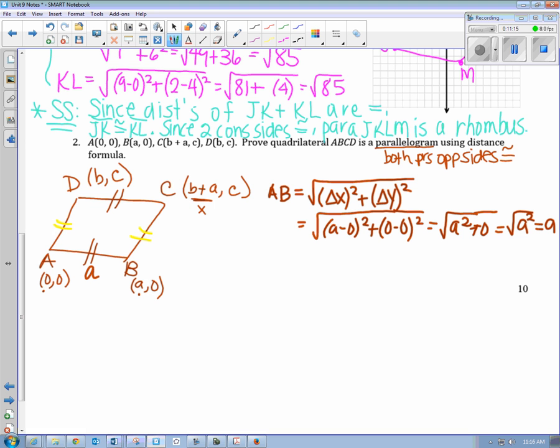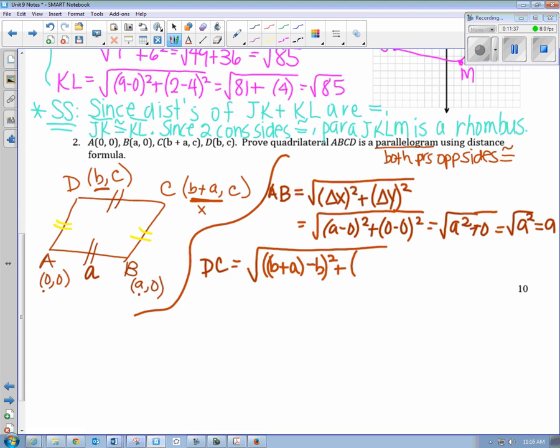That means that if this is indeed a parallelogram, we know that the length of DC also has to turn out to be a. So I'm going to go back, substitute in. DC, remember it's this x value minus this one. So it's b plus a minus b, squared, plus c minus c for the y value, squared.